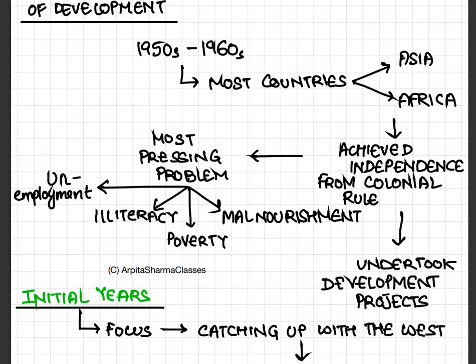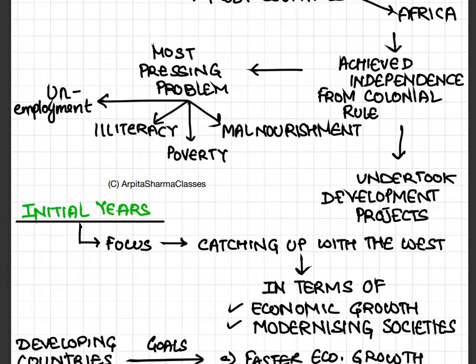And the most pressing or most challenging issues that these nations were facing were unemployment, illiteracy, hunger, malnourishment, poverty, right? These were the problems that these nations which were free from the colonial rule were facing. All right. And that is why they focused in the initial years to catch up with the West. The West means those nations who were highly developed at that time.